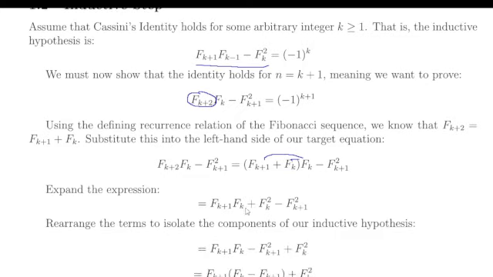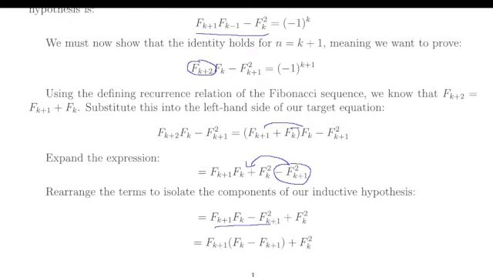So we can get that by moving this over here in front of the f sub k squared. So that's this step right here. And now I can factor out f sub k plus 1 from both of these. So we have f sub k plus 1 times the quantity f sub k minus f sub k plus 1.